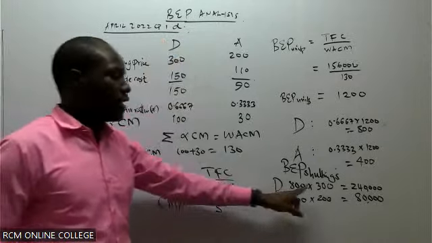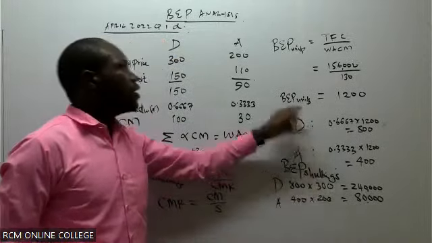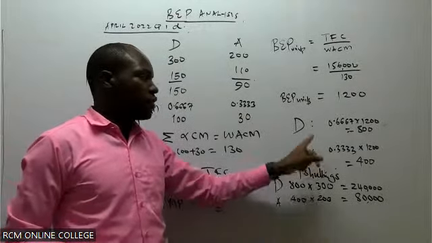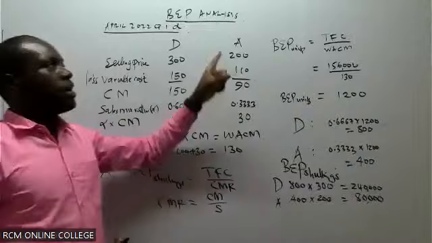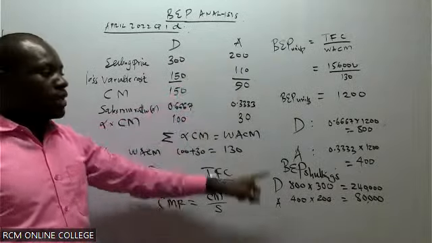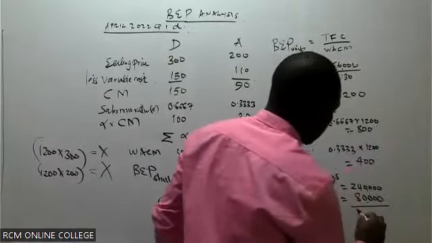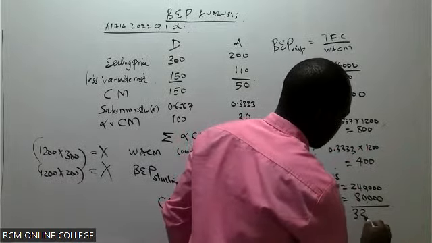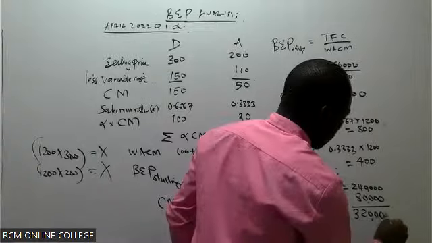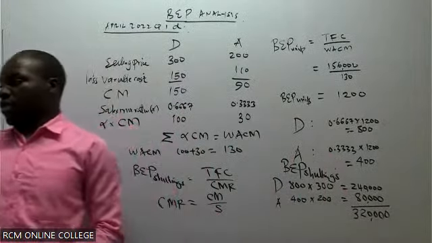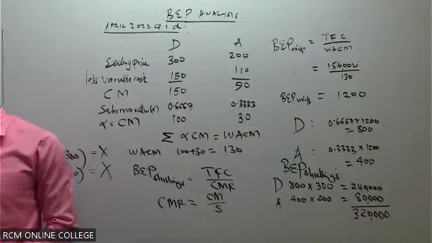That's why we've taken 800 for D, we multiply by the selling price of D. We've taken 400 for A, we multiply by the selling price of A. Once that is done, you now go ahead and get the summation, and that becomes the break-even point in shillings for the entire company. So is that clear now?